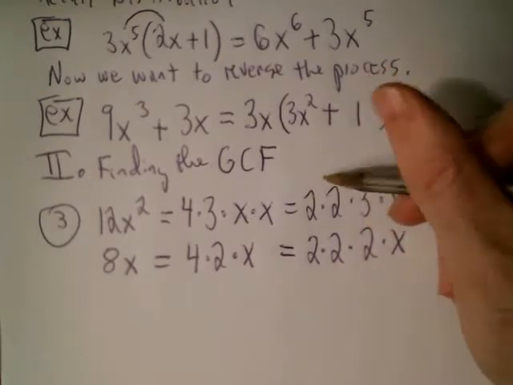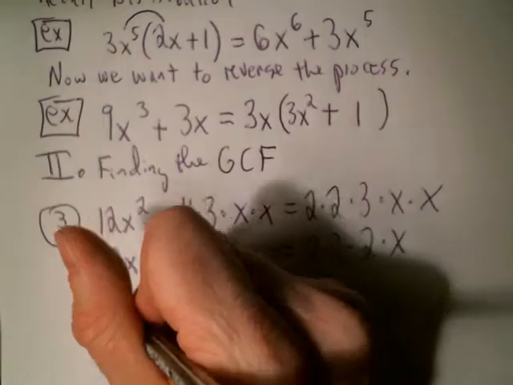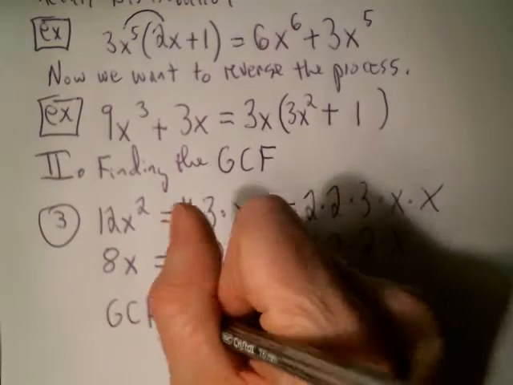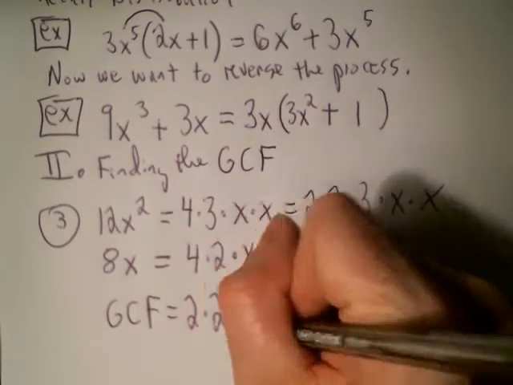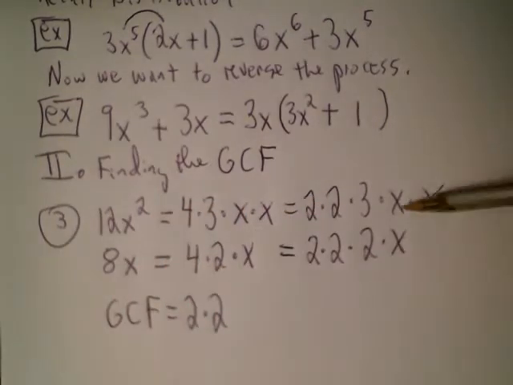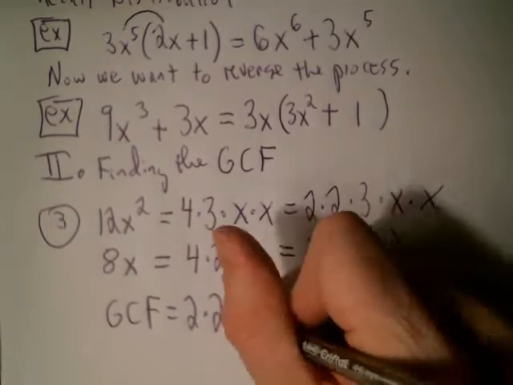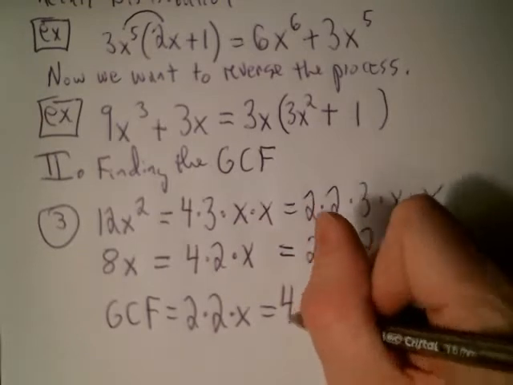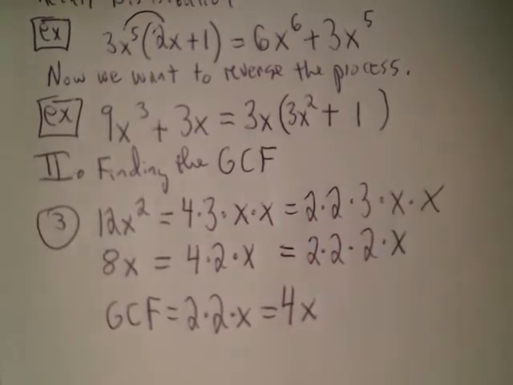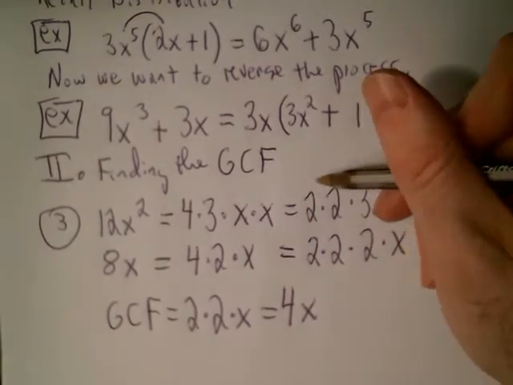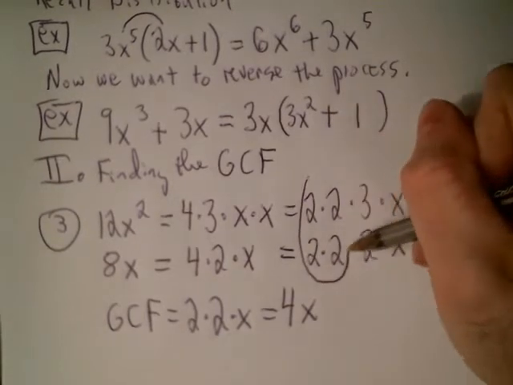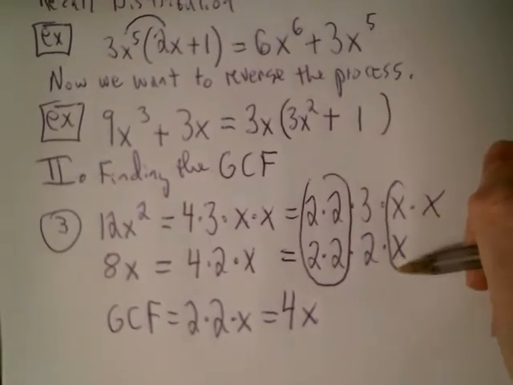Both of them have two 2's, and then there's one x in common. So the greatest common factor, when you multiply this out, turns out to be 4x. And some people like to circle it, okay, this is the stuff that's in common.